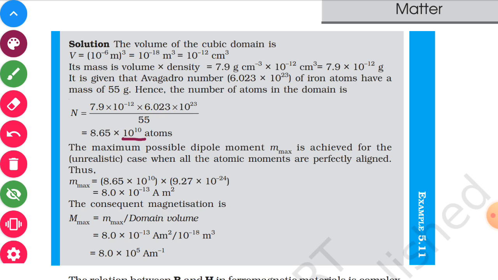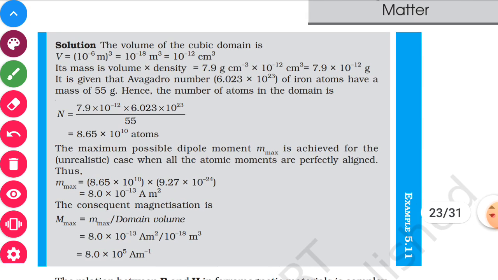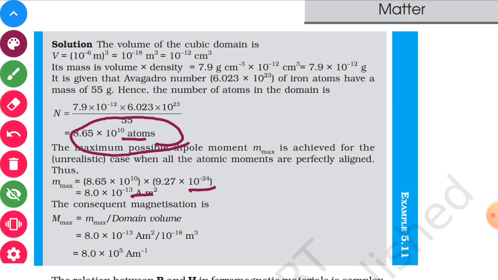Now each atom has a magnetic dipole moment of 9.27 into 10 to the power minus 24. So these many atoms in the domain will have how much magnetic moment? We just have to take the multiplication. This will be the maximum magnetic moment which a domain can have.